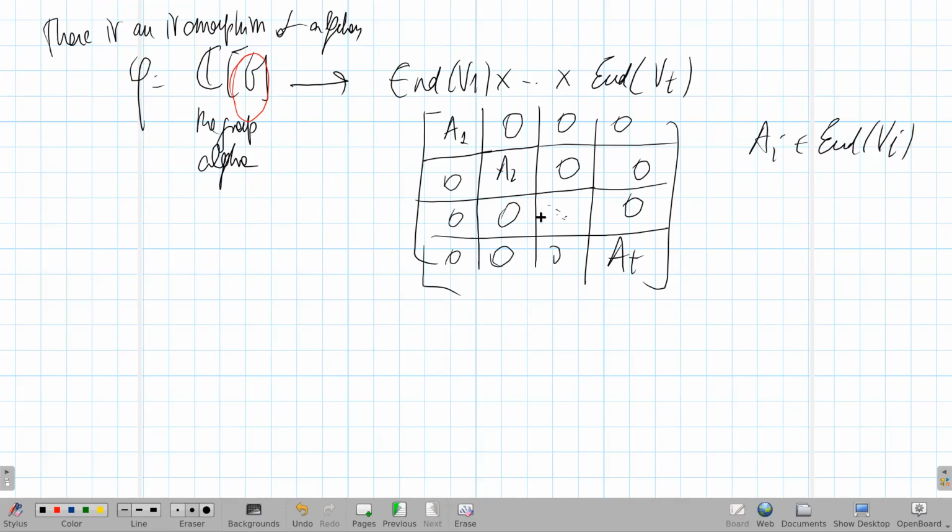It's a direct sum, direct sum meaning that these are block matrices, diagonal block matrices, so matrices that have only something on a block diagonal.